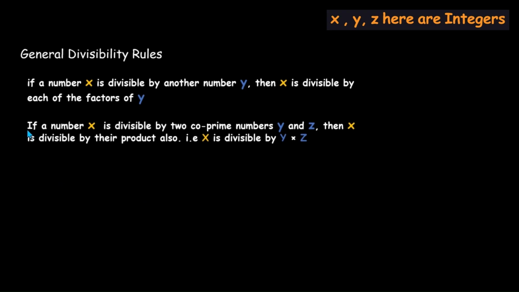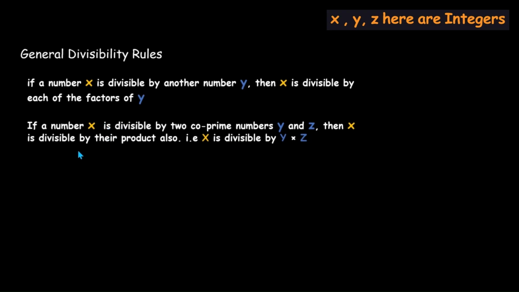The next rule: if a number x is divisible by two co-prime numbers y and z individually, then x is divisible by their product y times z as well. What it means is that y is dividing x completely, and so is z.